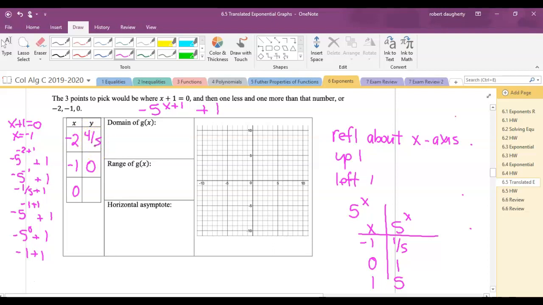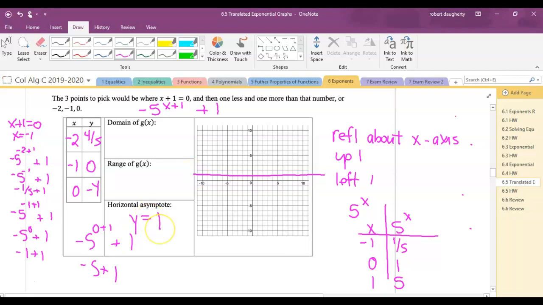And then 0. What is negative of 5 to the 0 plus 1, plus 1? What's 0 plus 1? 1. So 5 to the 1 is 5. So this is negative 5 plus 1. What number is that? Negative 4. So I graph these 3 points. What is my asymptote here? y equals 1.